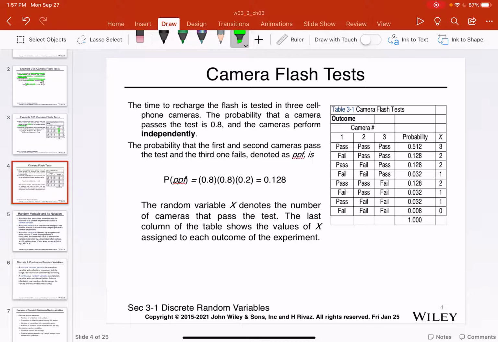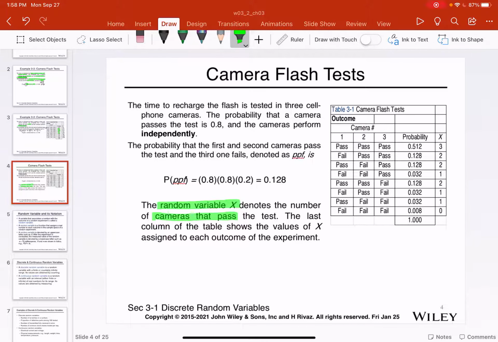Here what we are going to do, so listen very carefully because this concept is very, very tricky, right? I'm going to introduce the concept of a random variable X. So I say X is the number of cameras that pass, right?